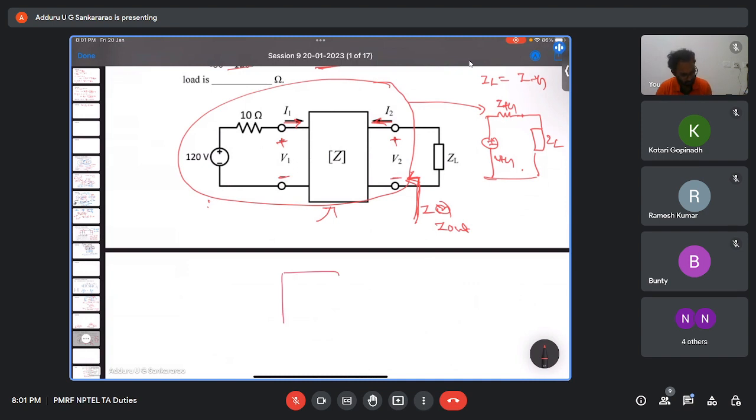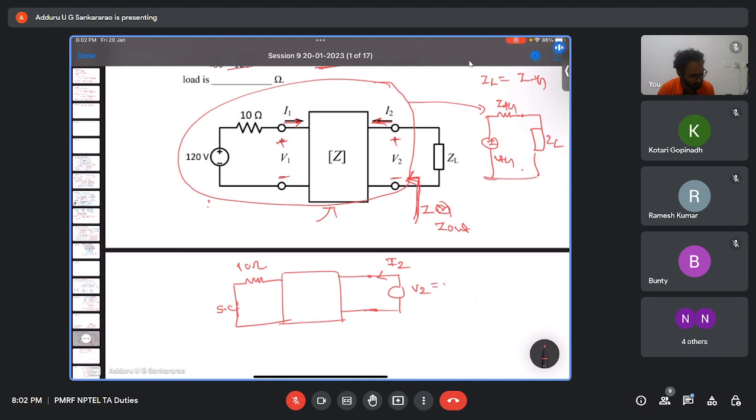Now this is the circuit. I am just deactivating all the sources, so this 120 volt source I am short circuiting, and here I am connecting some voltage source, let me say V2, drawing some current I2.